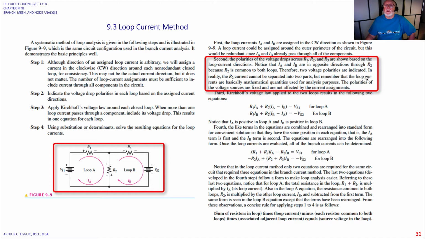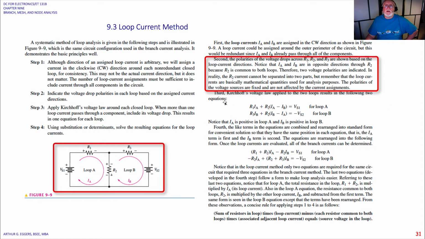But remember that the loop currents are basically mathematical quantities used for analysis purposes. So you can see we've got positive, negative, negative, positive because of the direction of current flow that they've chosen. The polarities of the fixed voltage sources are fixed and are not affected by the current assignments.